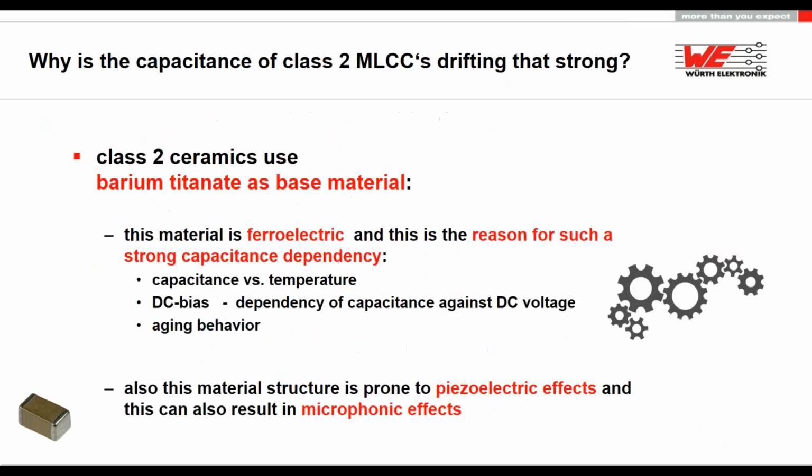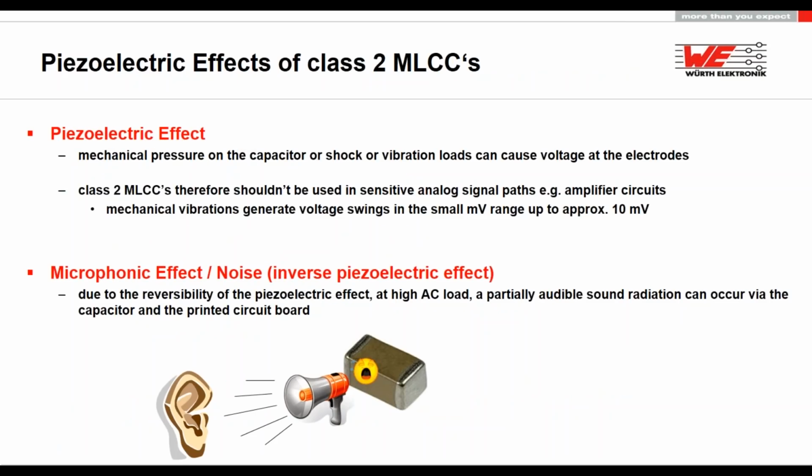Yeah, and as I said, for the class 2 ceramics, they show strong dependencies: DC bias, aging, and microphonic effects or piezoelectric effects. And if we talk about piezoelectric effect, it's mainly driven by the ferroelectricity of the barium titanate.